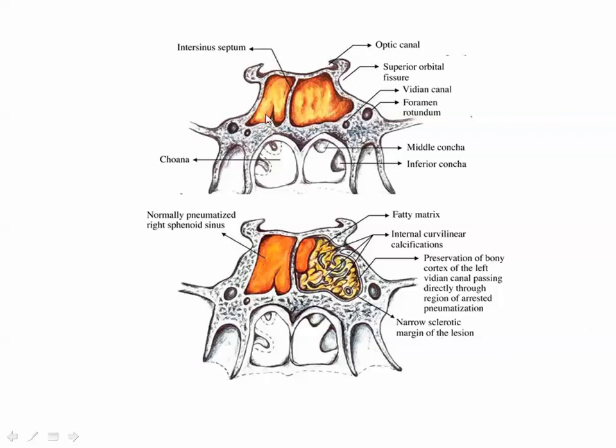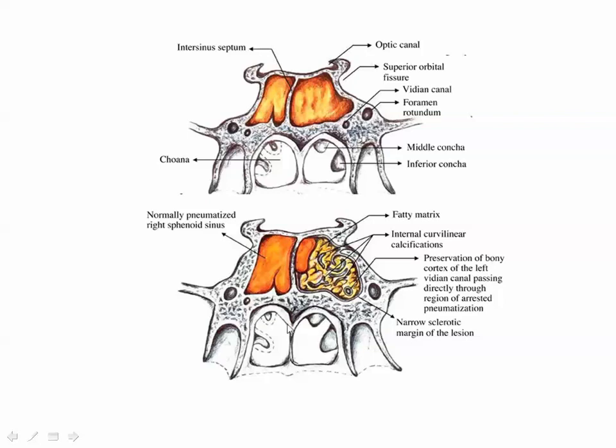This is the normal pneumatization of the sphenoid sinus, and here you can see that a good part of the sphenoid sinus, especially the left one, is non-pneumatized, with an area of fat and bone marrow trabeculae replacing the air.